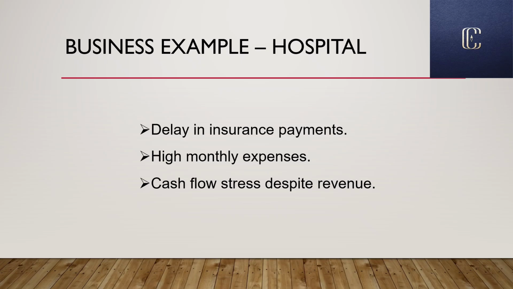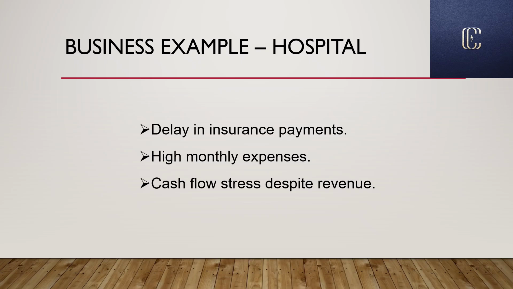The process usually works like this. Patient receives the treatment first. In the second stage, the hospital sends claims to insurance companies. In the third stage, insurance companies verify the documents. The last stage is the payment is approved and released later.